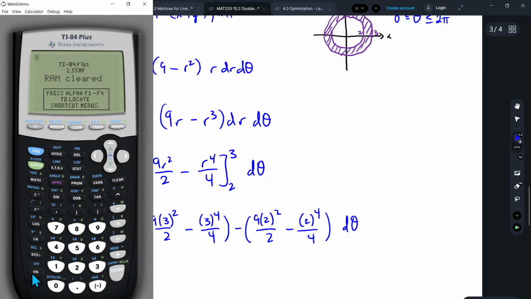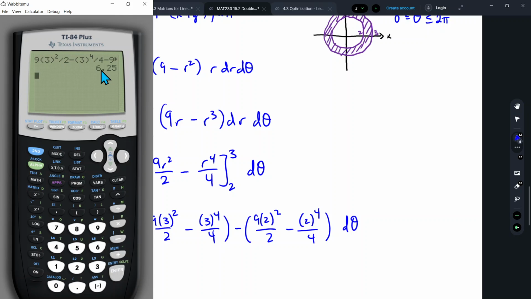This is the calculation: 9 times 3 squared over 2 minus 3 to the 4th over 4, and then minus 9 times 2 squared over 2, and then minus minus becomes a plus, 2 to the 4th over 4. Okay, so hopefully I entered the calculation correctly.